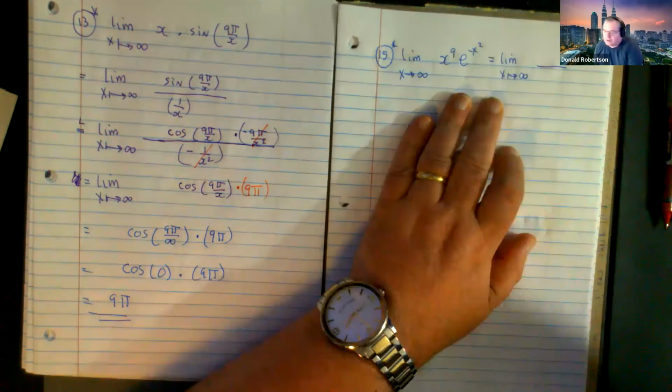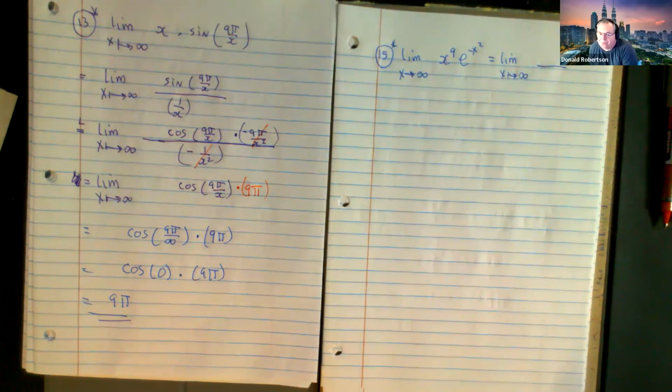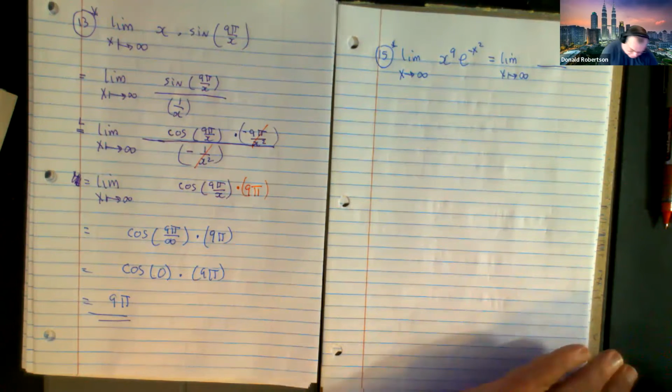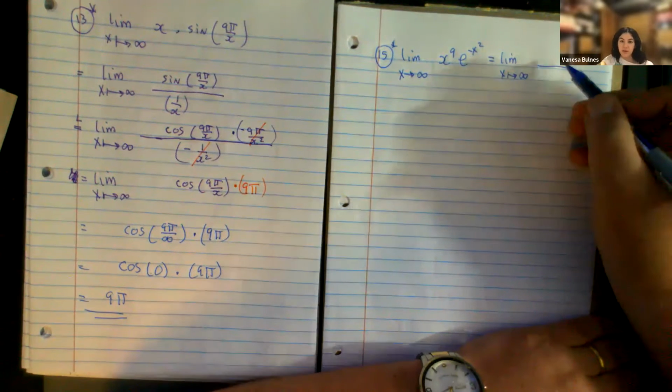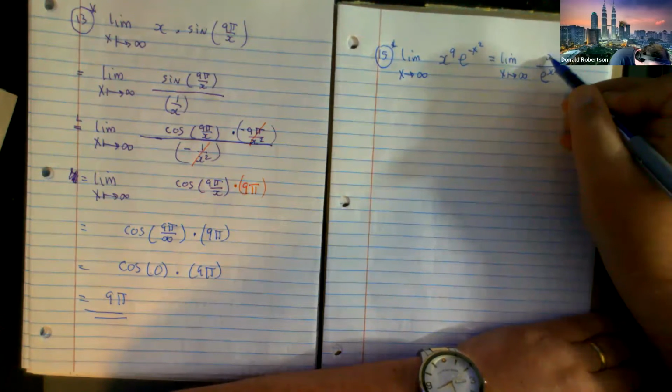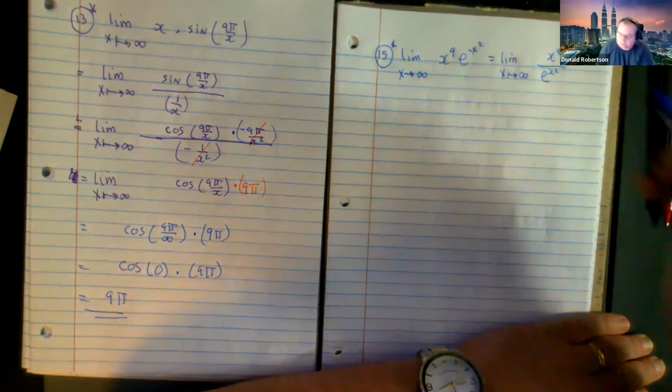Right? We need a fraction to do L'Hopital. Algebraically, how could I rewrite that guy as a fraction? Could you put the e on the bottom? You could indeed. That's exactly what you need to do.